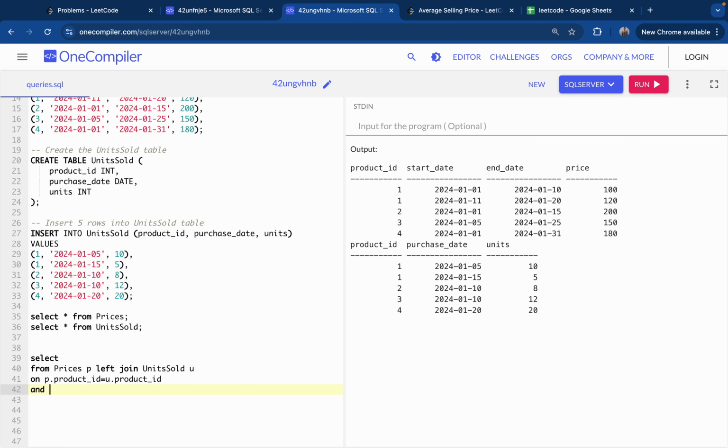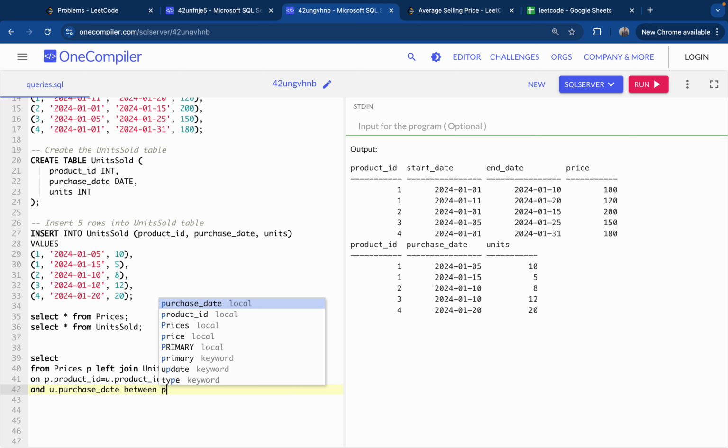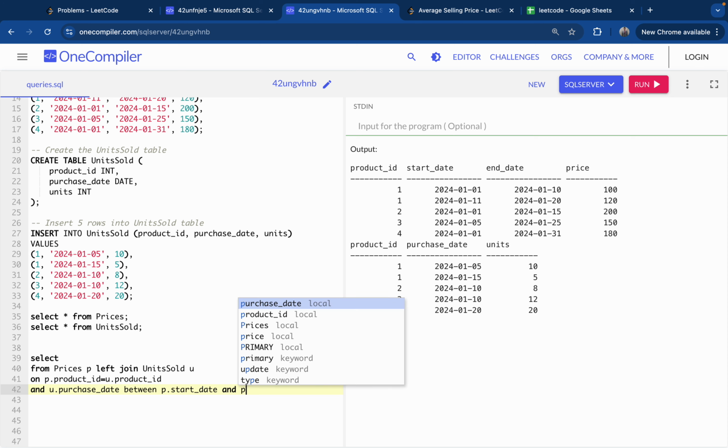So we have to write and U.purchase_date between P.start_date and P.end_date.